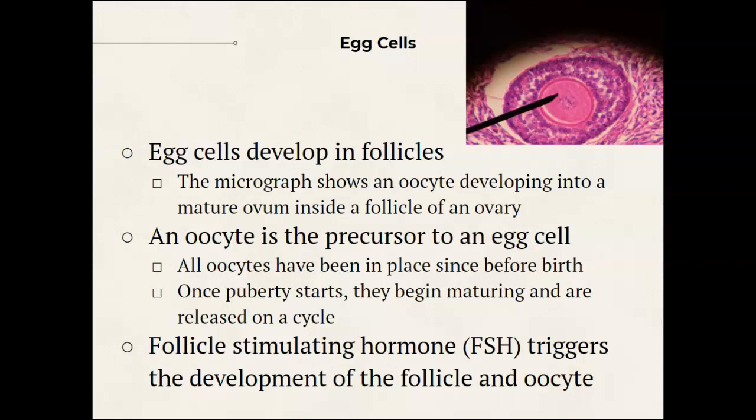Biological males do not have this problem, because they have sperm production throughout their entire lives. FSH, follicle stimulating hormone, triggers the development of the follicle and the oocyte. So there is a hormone that's responsible for the maturation of oocytes.